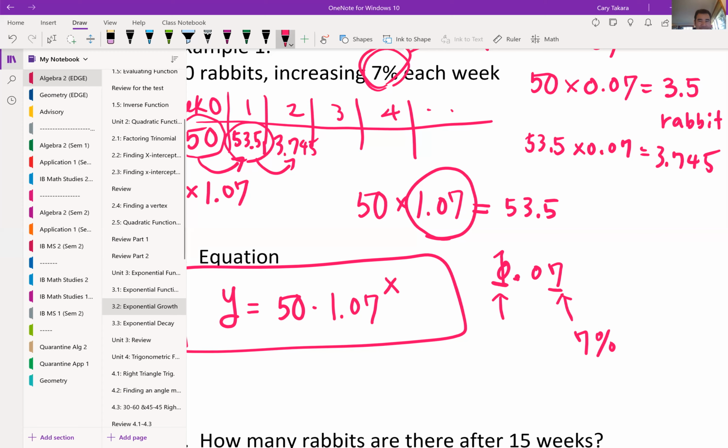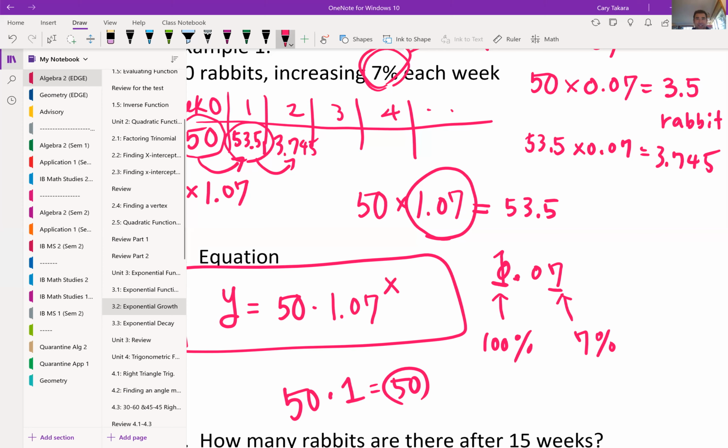Isn't 1 100%? Right? And then 0.07 is the 7%. Because if you do 50 times 1, meaning 100%, what's 100% of 50? Well, 50 times 1 is 50, isn't it? So if you multiply by 1, you just get all 100% back.